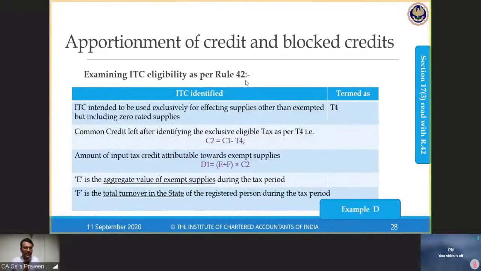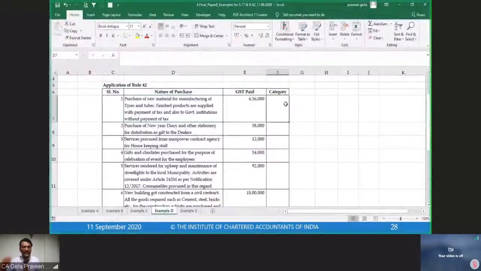I just wanted to identify as per this T1, T2, T3. Friends, as you understand, I have said T1 is something which is used in relation to my exempted activity. T2 is something other than business. T2 is something which is used for exempt supply. T3, which is your 17.5. T4, which is eligible.